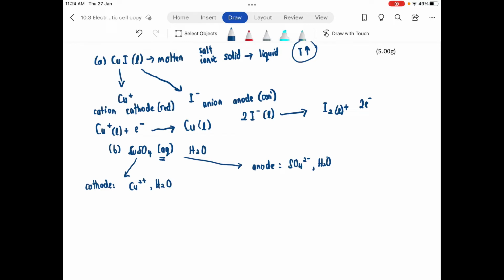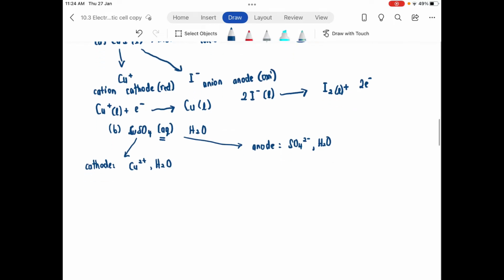So kalau kita tengok question ni, dia tak bagi concentration of the solution, kita boleh anggap yang dia ialah standard solution lah. Standard solution ni 1.0 molar. 1.0 molar ni is quite concentrated. So kita boleh anggap yang kita punya pemilihan tu berlaku kerana dia punya nilai E0.